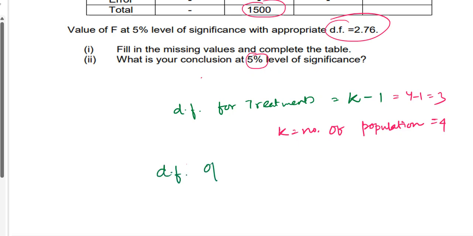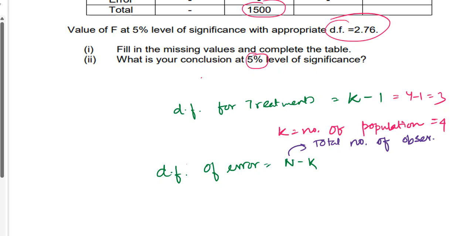DF of error, that is n minus k, where n is the total number of observations and k is the total number of populations.